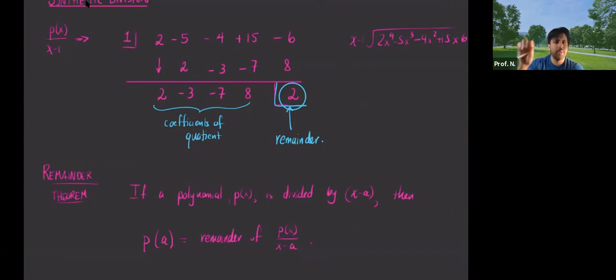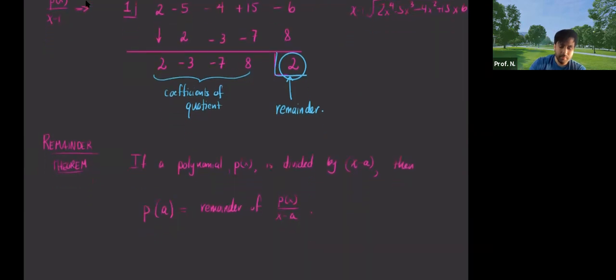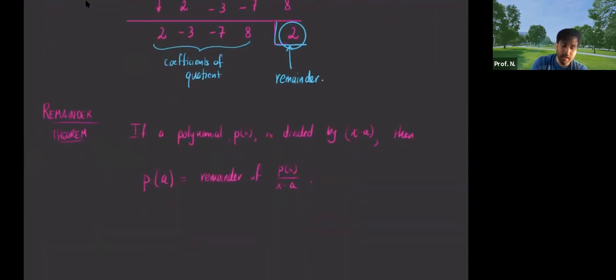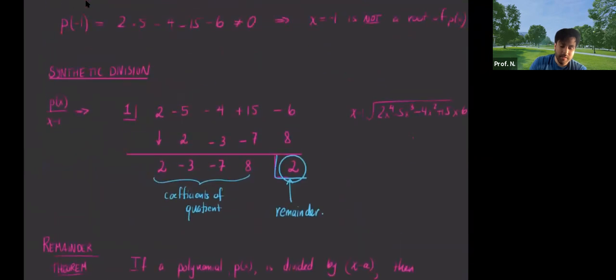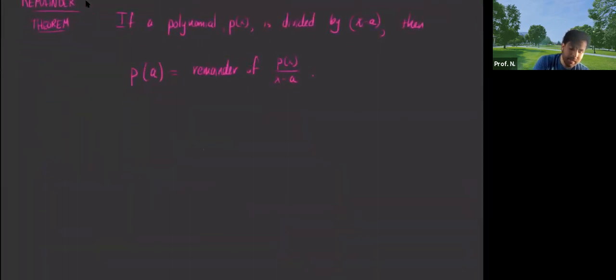That's where we're headed. We're headed into that world of factoring matrices. But regardless, for example, if I want to test whether x equals 6 is a root of p of x, one way is to say, what's p of 6?